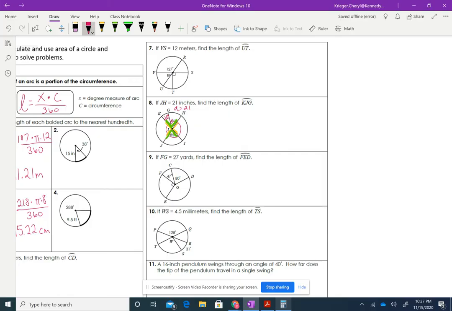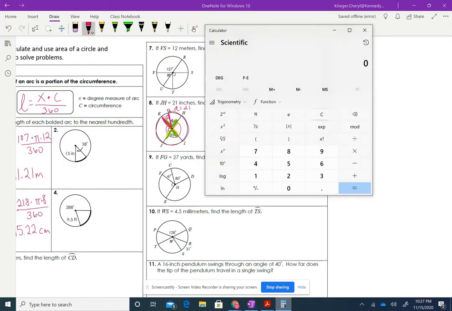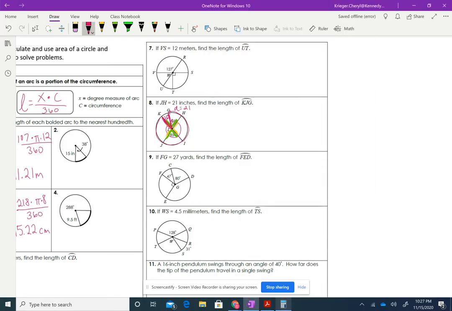All right, and that's the only piece that we don't need, right? This KLG. So my degree measure of my arc from K all the way around to G, because I'm finding the major arc KJG, is going to be 360 minus 26. So 360 minus 26 is 334. That's the degree measure of the arc.